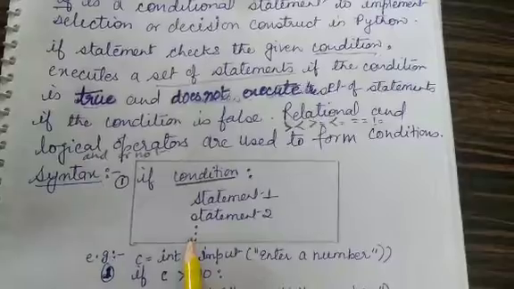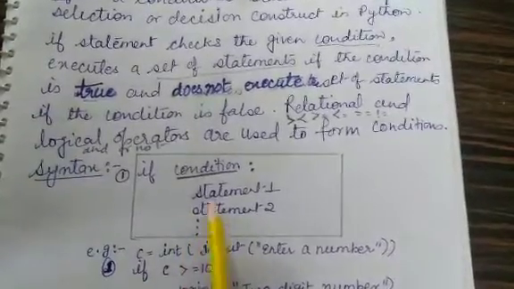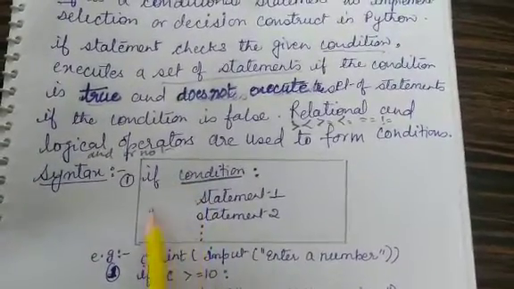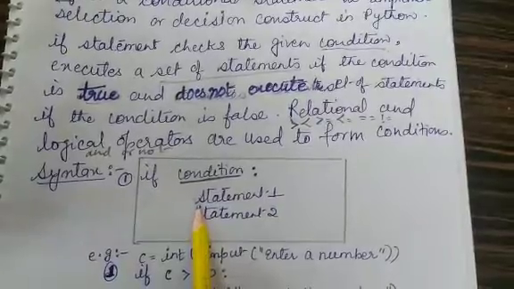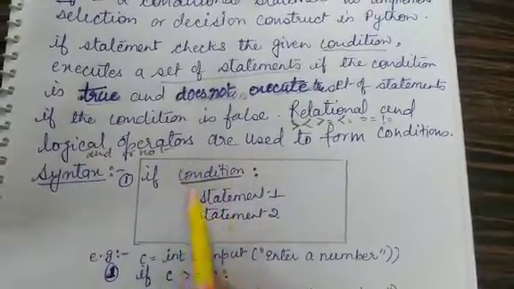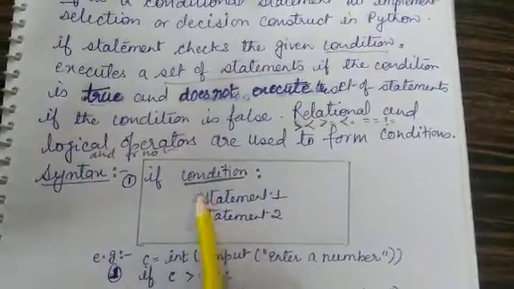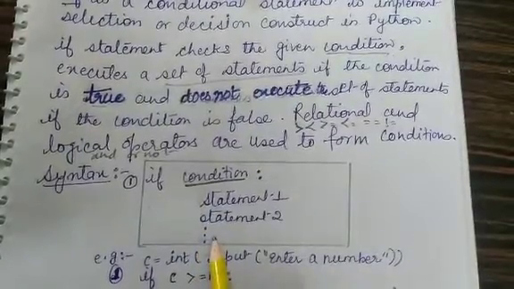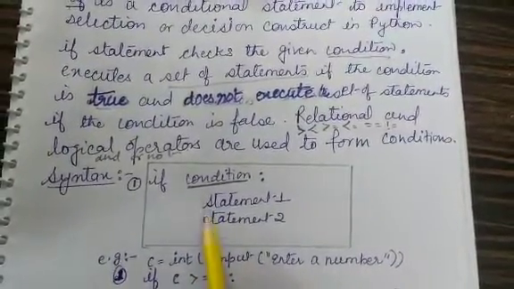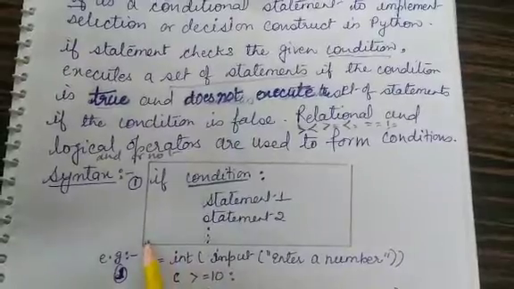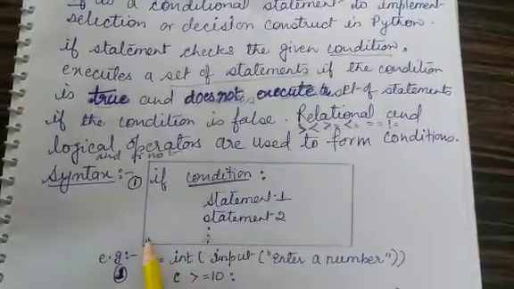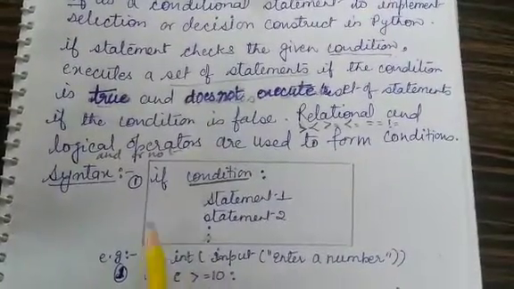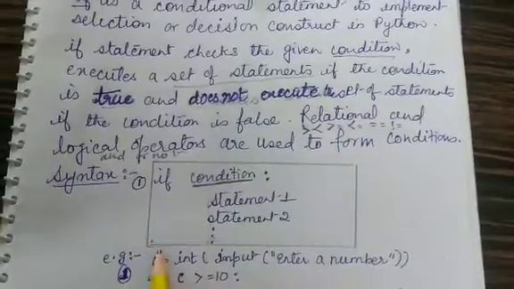All the statements written with this indentation will be executed only if this condition is true. Otherwise these statements will not be executed. The statements which are not part of this indentation, that is, those beginning from this part, will be executed whether the condition is false or true.